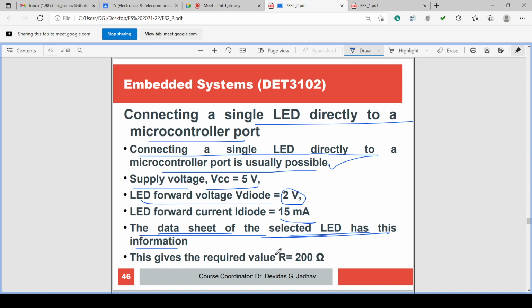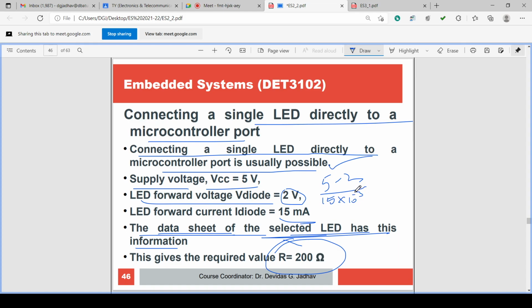And that gives the required value of the resistor R as 200 ohm. We can calculate R LED as 5 minus 2, this 2 being V diode, divided by 15 into 10 raised to minus 3 ampere.